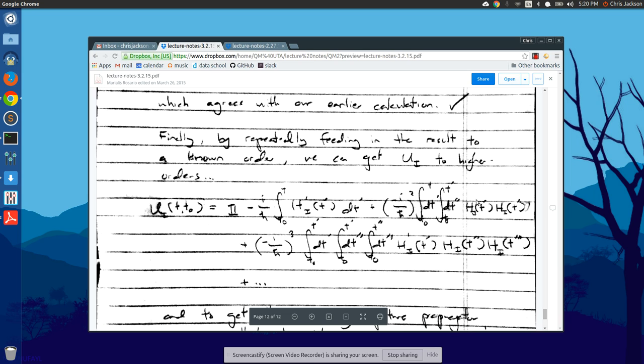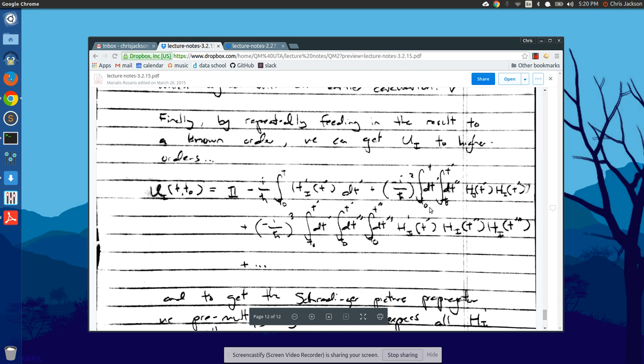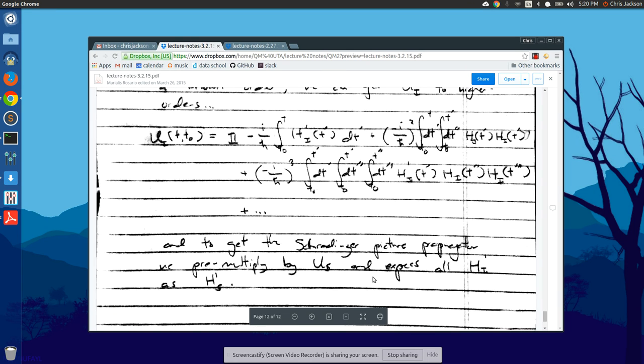At second order, you're going to have two factors of the interaction Hamiltonian at different times, and you have to integrate over those two different times. Then there's the third order term, and so on and so forth. If you remember, last semester when we first talked about time evolution, we discussed these different cases, and I jokingly called this the nightmare scenario.